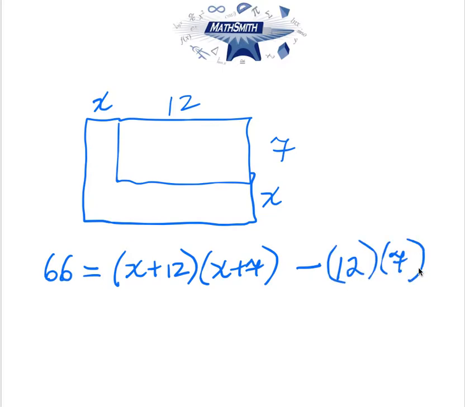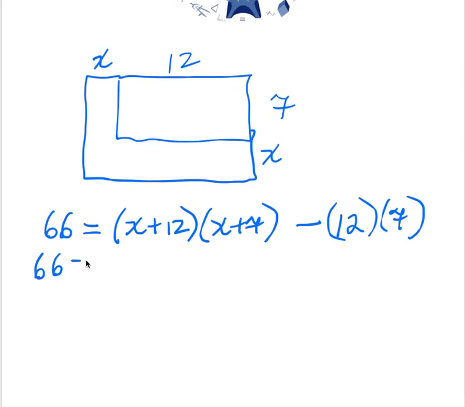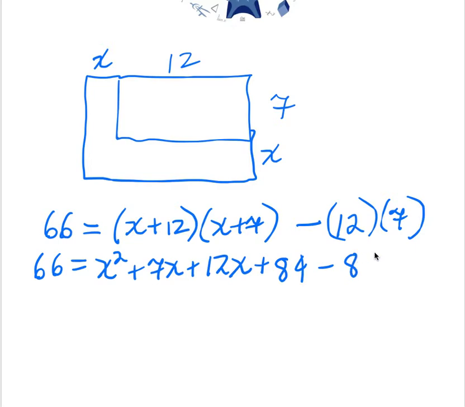All right, so let's do a little number crunching. 66 has got to equal x squared plus 7x plus 12x plus, I believe that's 9, no, maybe it's 84. 12 times 7, let me double check. All right, 84, that's plus 84, minus 84.